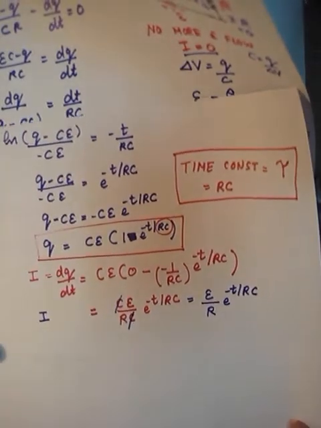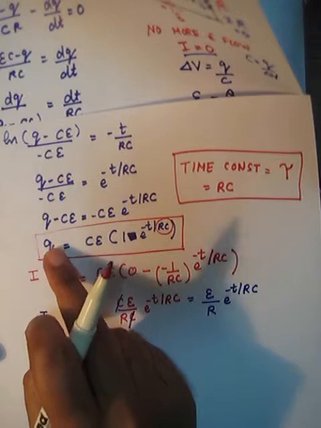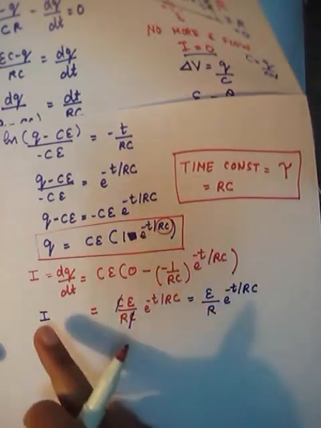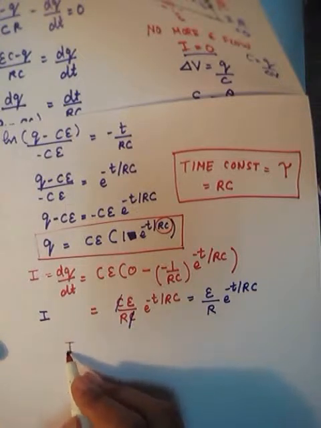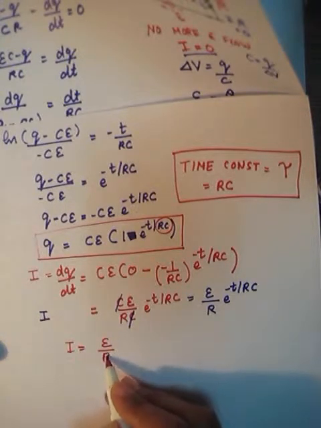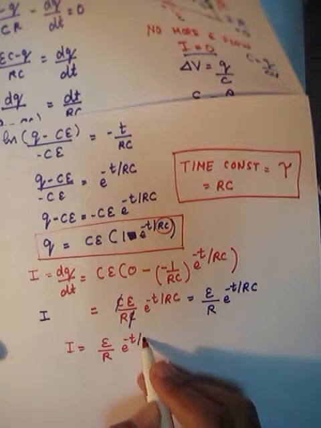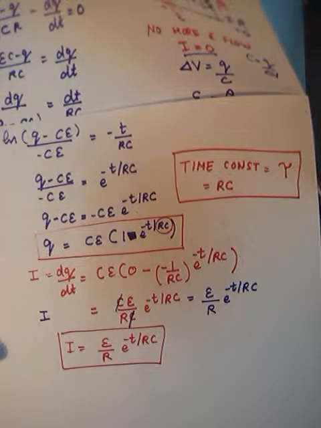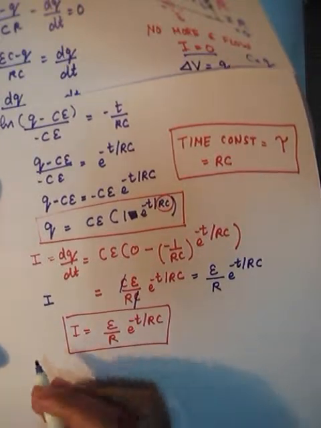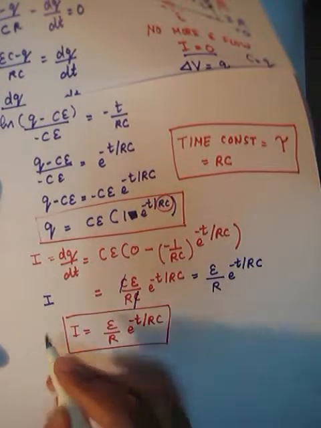So let's try to plot this function of q which varies with time and current which varies with time. You know that current is epsilon upon R exponential minus t upon RC.